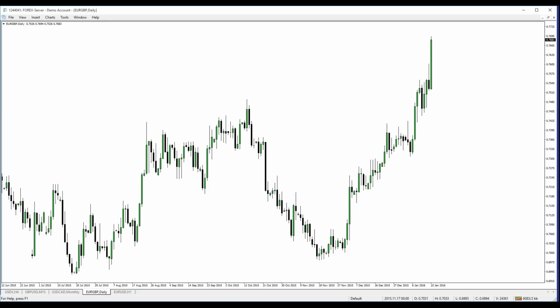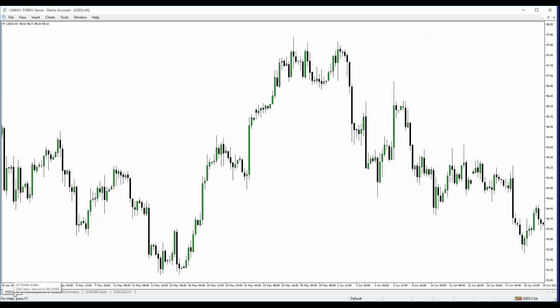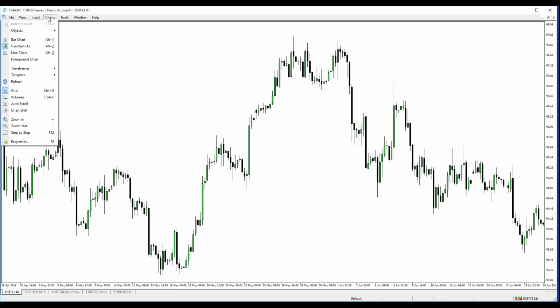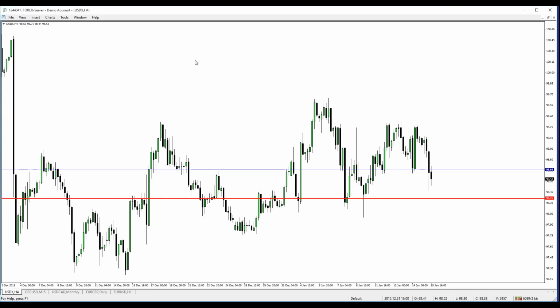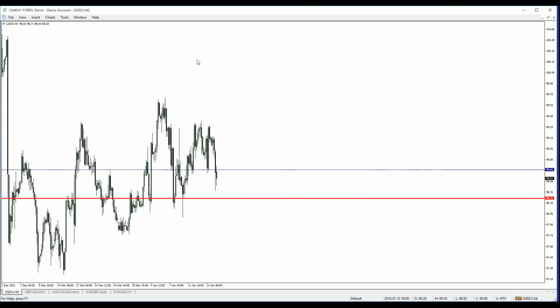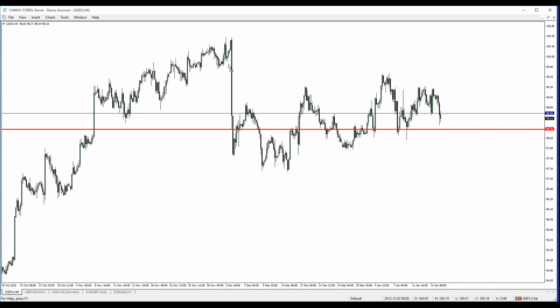The dollar is, in essence, in a consolidation inside of a larger uptrend. Would everyone agree that that's the case?